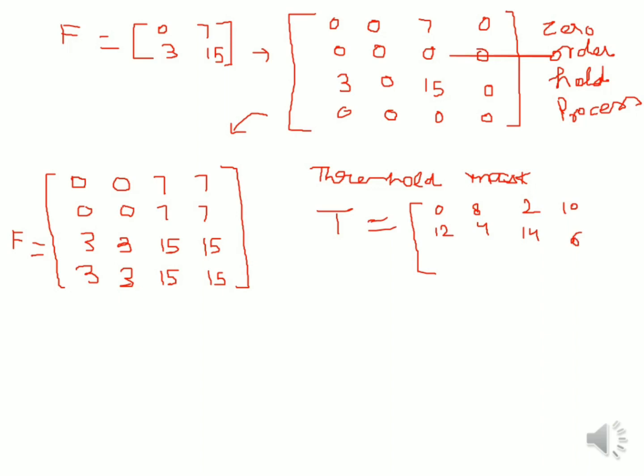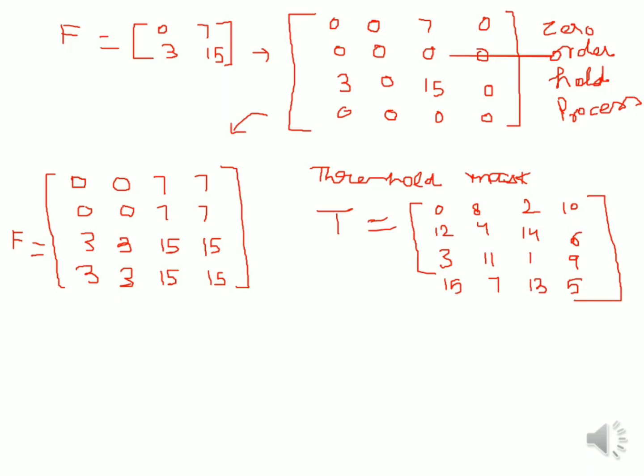In the third row you can see the elements as 3, 11, 1, 9, while in the fourth row 15, 7, 13, and 5.